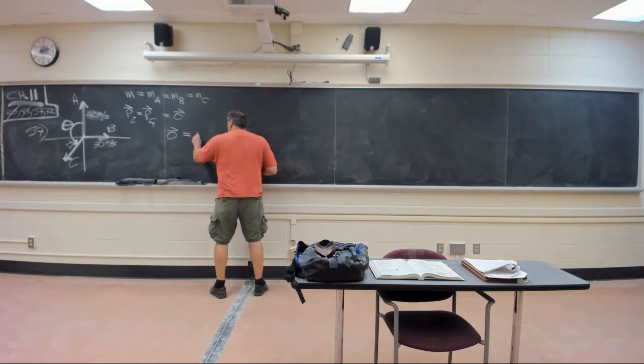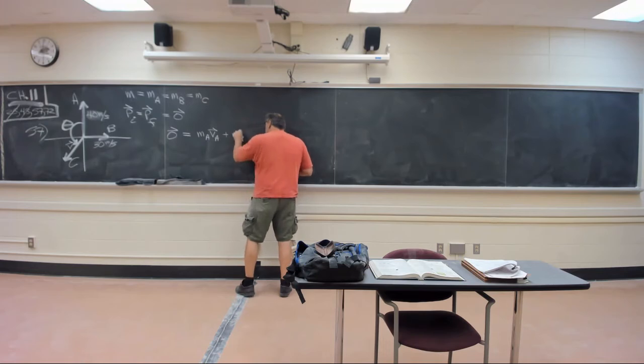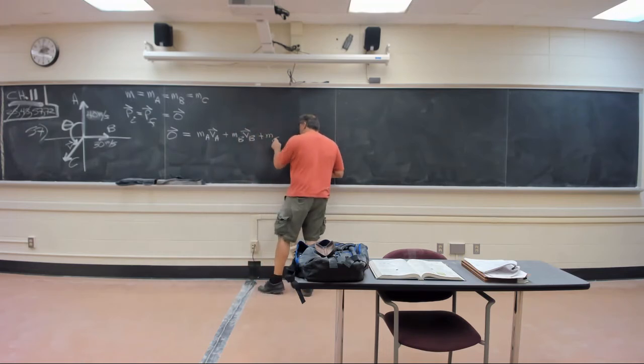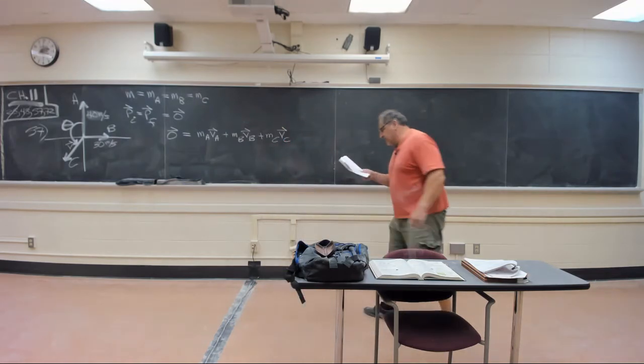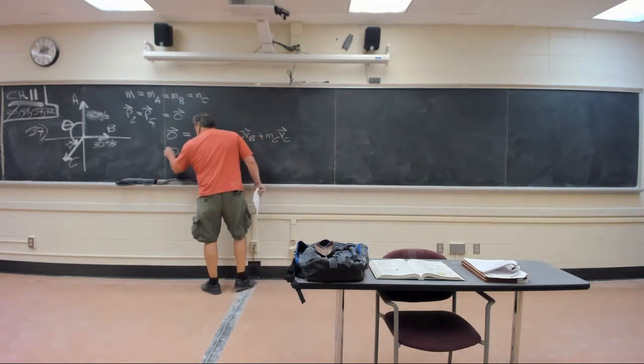The 0 vector is m_A v_A vector plus m_B v_B vector plus m_C v_C vector. The vector stuff is really important because everybody's flying everywhere and it's a vector sum.